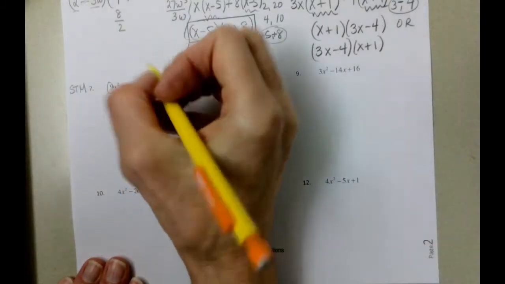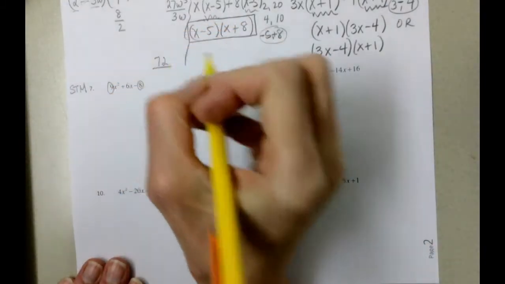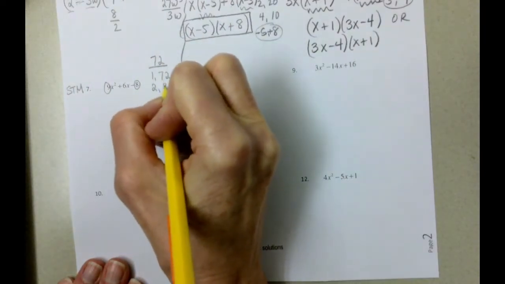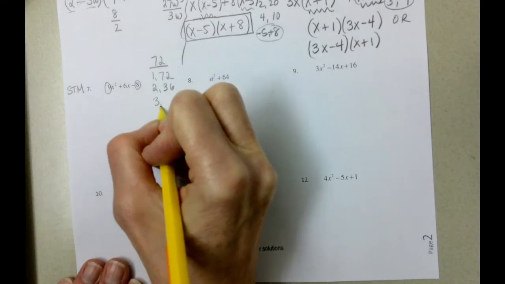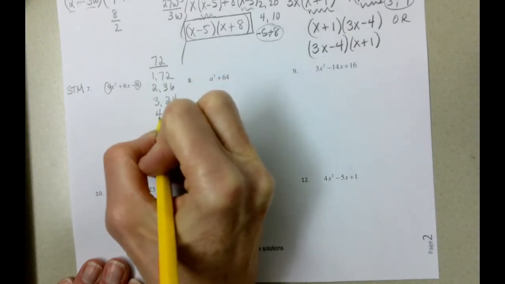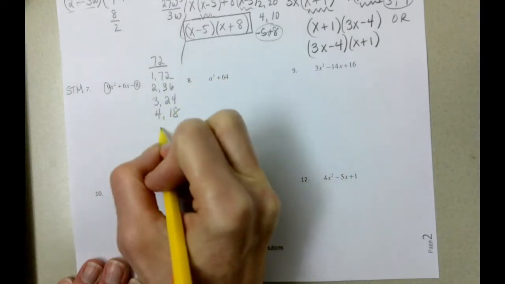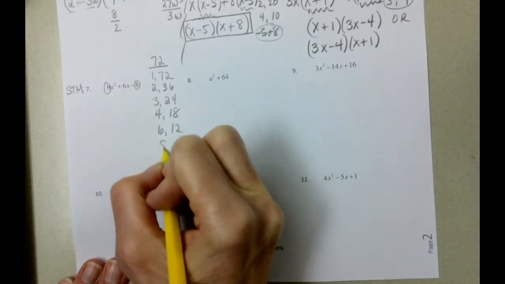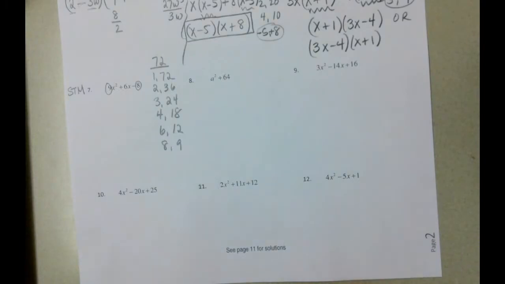9 times 8 is 72, and the factors of 72 are 1 and 72, 2 and 36, 3 and 24, 4 and 18, 6 and 12, and 8 and 9. And what we need is to combine to get 6.